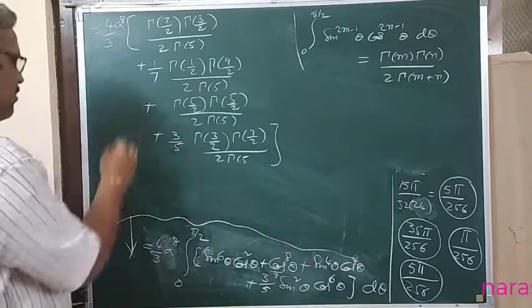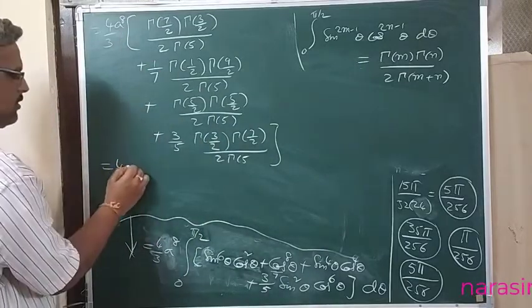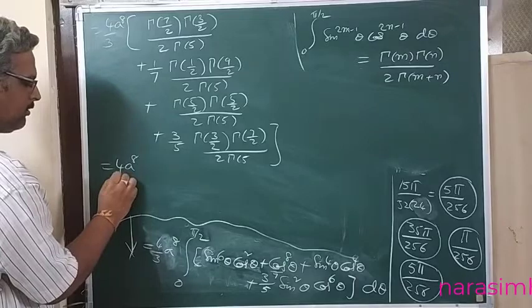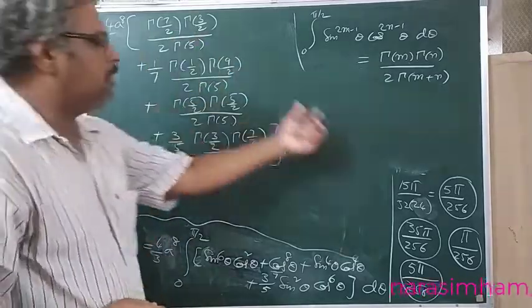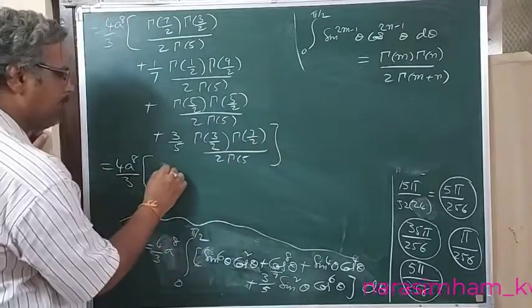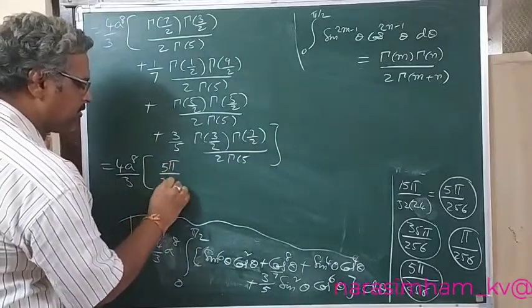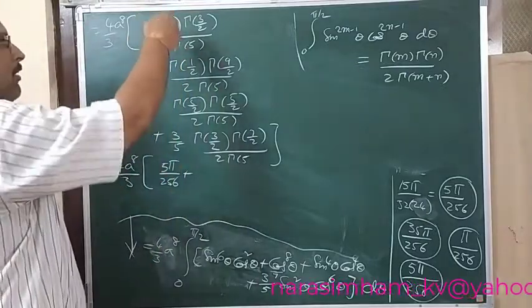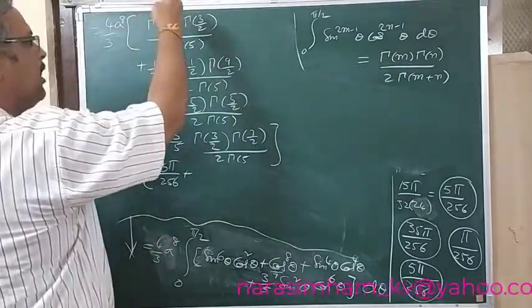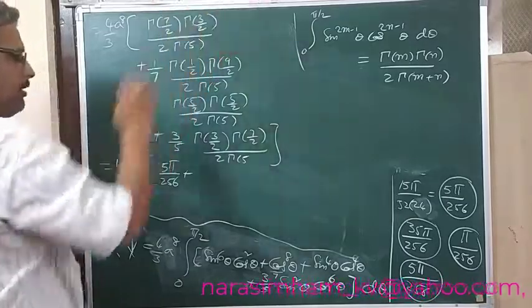Now 4 into 8 power 8 by 3 times, this value is already known, 5 pi by 256. Already you may write 5 by 2 into 3 by 2 into 1 by 2 into root pi, gamma half is nothing but root pi. In a similar way you can write.